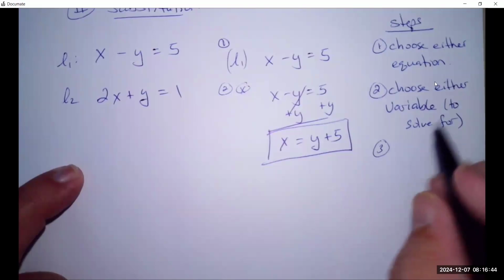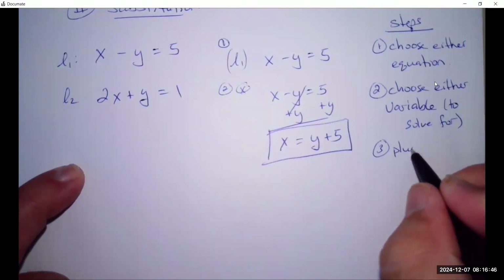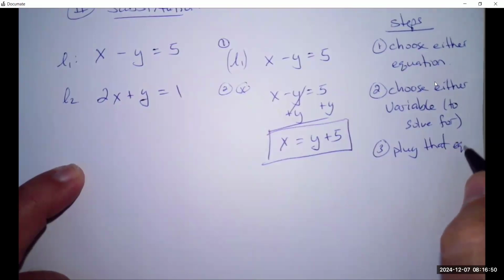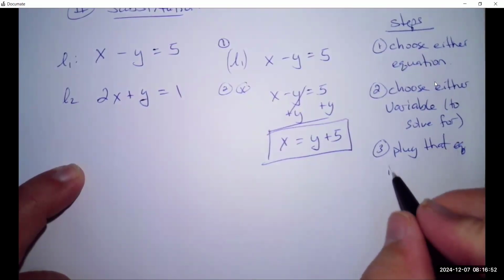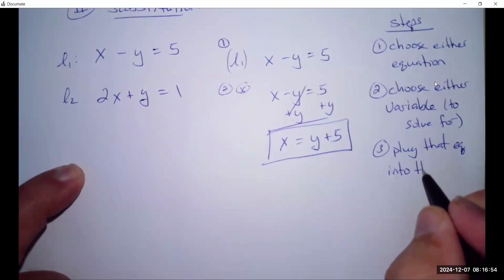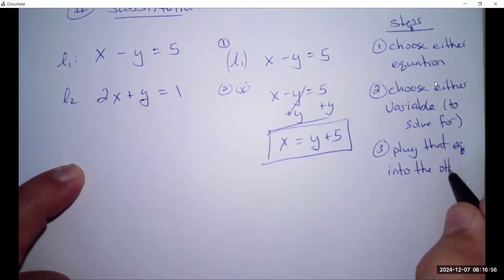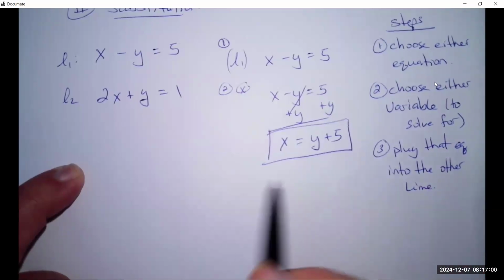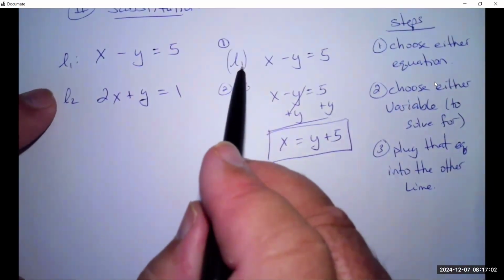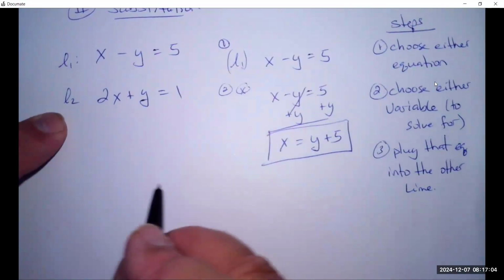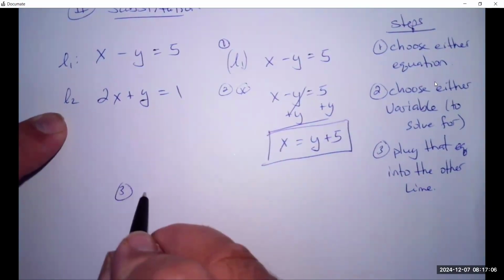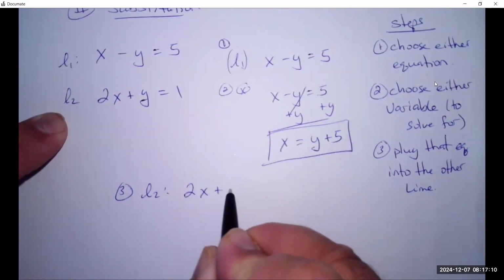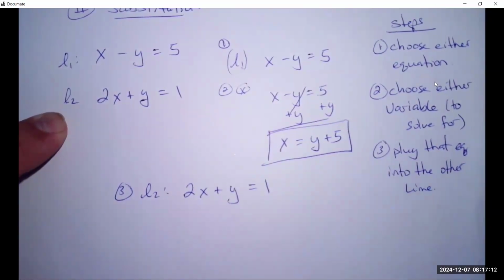Third step: plug that equation into the other line. Since we used line 1 here, now in step 3, I take line 2. 2x plus y equals 1.